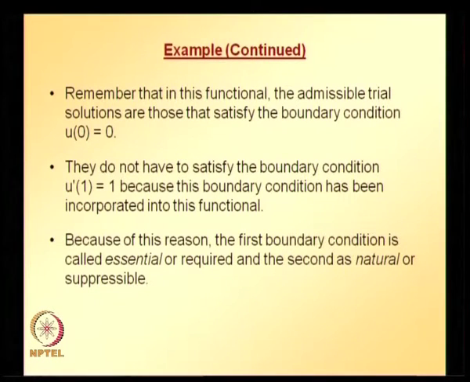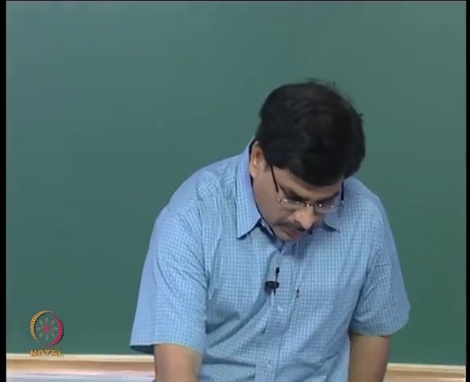Because of this reason the first boundary condition is called essential, that is, the trial solution has to satisfy it at any cost, and the second boundary condition is called the natural boundary condition or suppressible boundary condition. The first boundary condition is also called the required boundary condition, and you will understand these better once we look at one more problem.